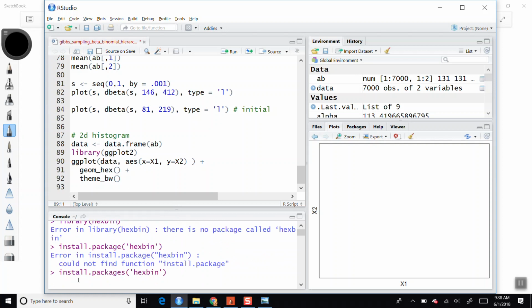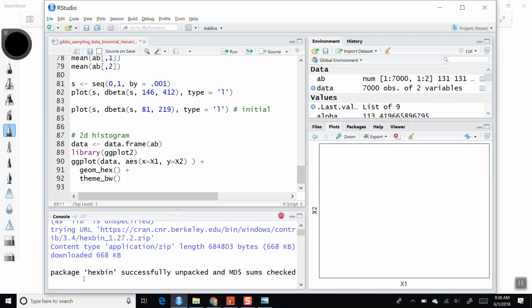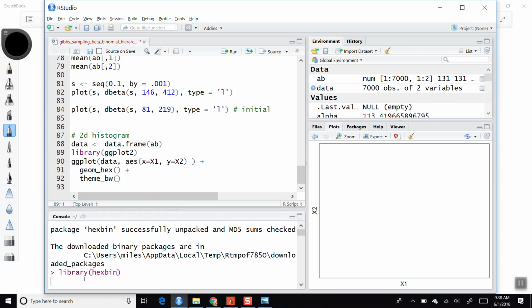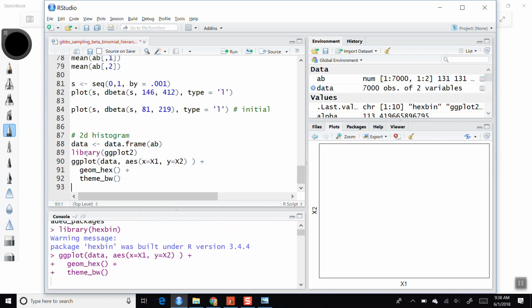Oh, install.packages. Okay. Library hexbin. I've got to update my R. All right, let's see what this looks like.